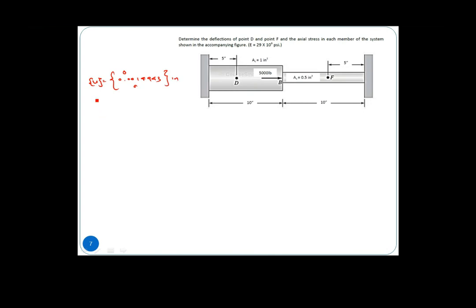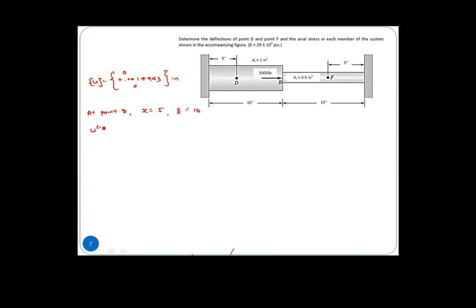Then we can find our so-called deflections at point D, which is using the shape functions. So here, at point D itself, our X will be 5, our L will be 10 inch, right? So it will happen at element number 1.